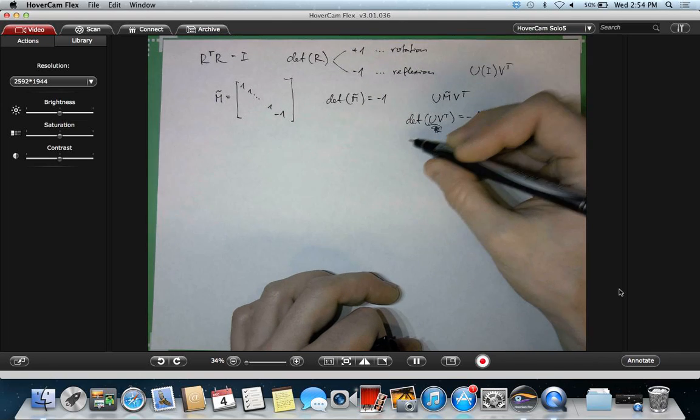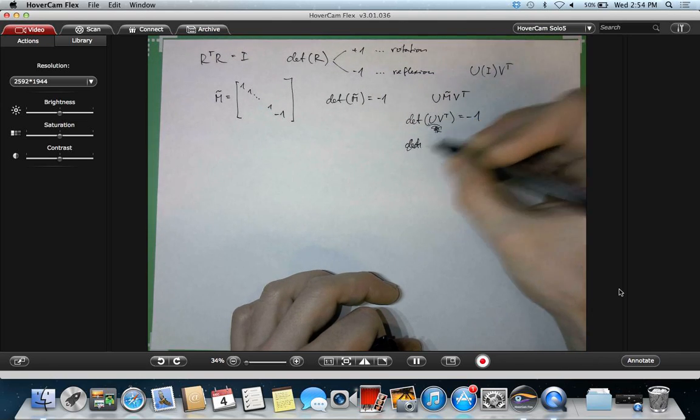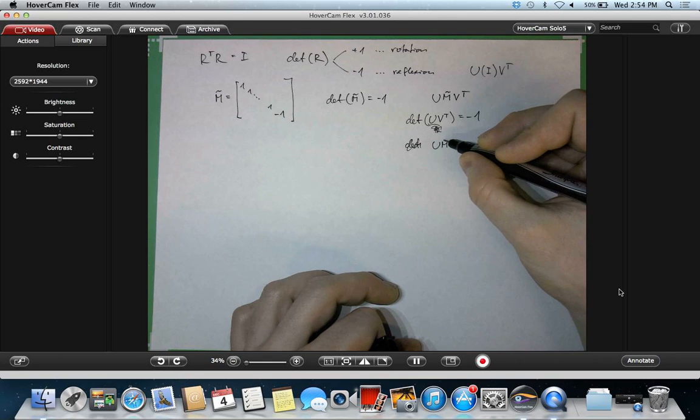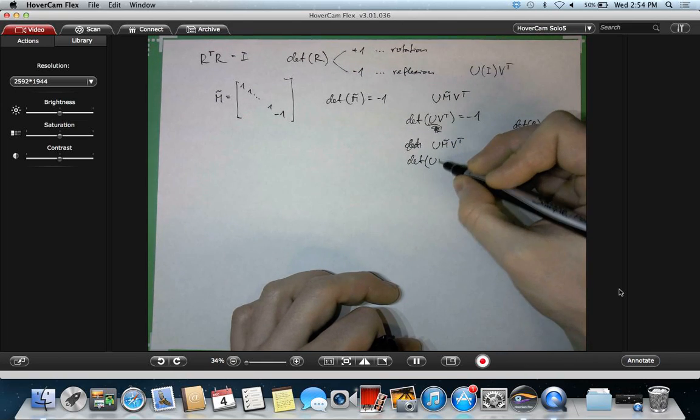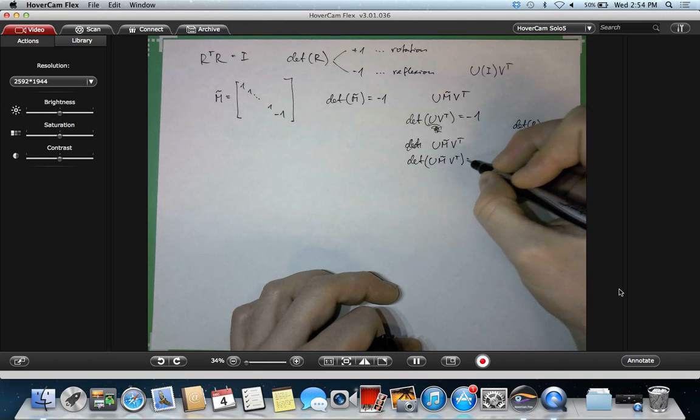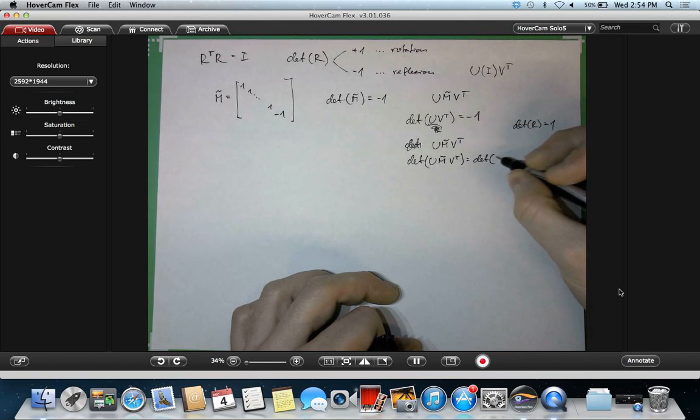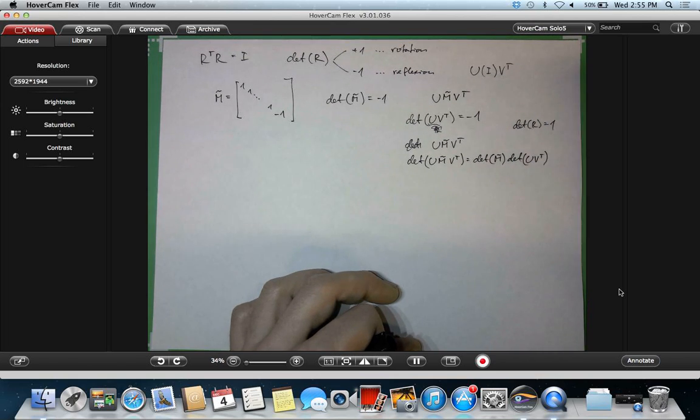The way I can fix it is by using U M tilde V transpose, because if I take the determinant of this, it will be the same as the determinant of M tilde times the determinant of UV^T, right? The determinant of this is -1, the determinant of this was also -1, so the determinant of the whole thing is 1.